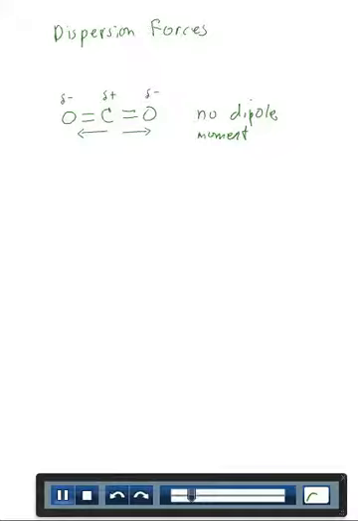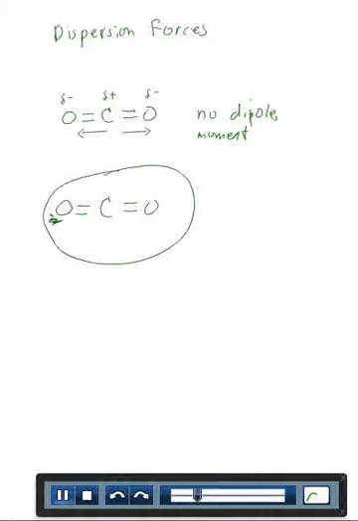However, electrons move, and they move very rapidly, and they move a lot faster than the nuclei in atoms and molecules. So what can happen is, consider at an instant where we have a carbon dioxide molecule, and I'll draw this oval around it to depict where the electrons are.